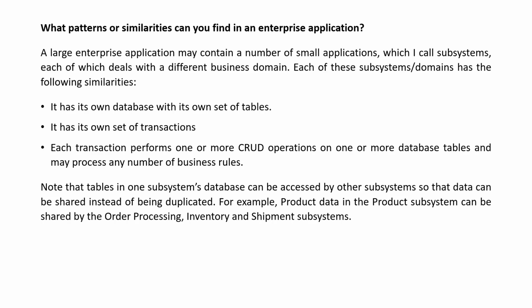Each transaction performs one or more CRUD operations on one or more database tables and may process any number of business rules. Note that tables in one subsystem's database can be accessed by other subsystems so that data can be shared instead of being duplicated. For example, product data in the product subsystem can be shared by the order processing, inventory and shipment subsystems.